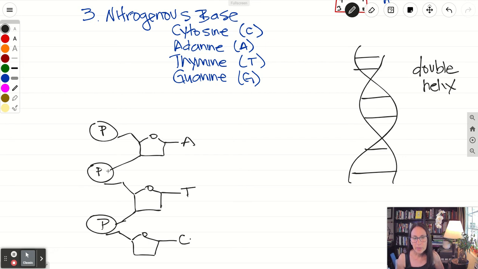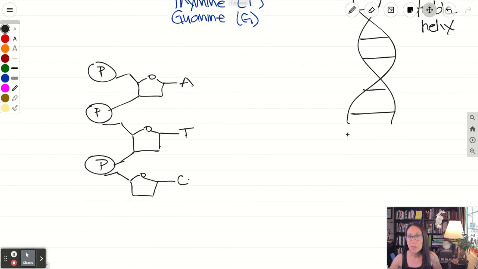So right here, what I've drawn is one side of the ladder, and what I'm going to show you is the other side of the ladder. And this is what you need to know. You need to know that A always binds with T, and C always binds with G. Those 2 always go together.